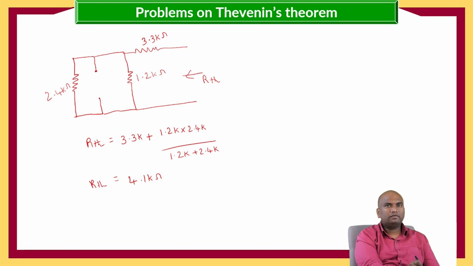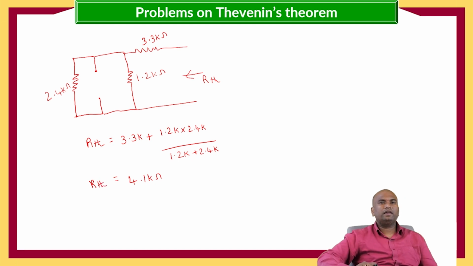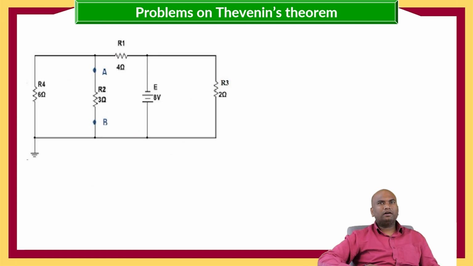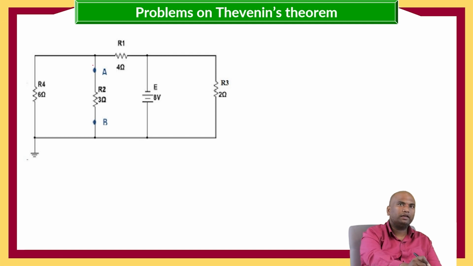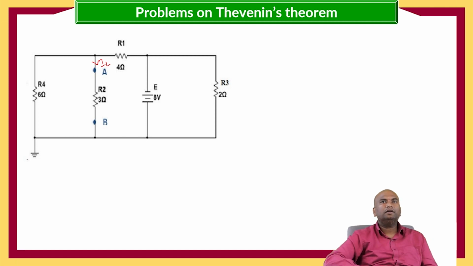Hence we got the VTH and RTH. Then we can calculate the load current easily. Now we'll go with the next problem, and here we need to calculate the load current. Here the load resistance value is also mentioned. So we need to calculate the load current by using Thevenin's theorem.